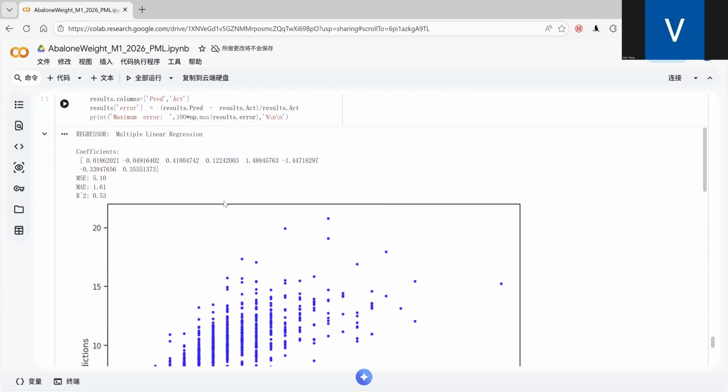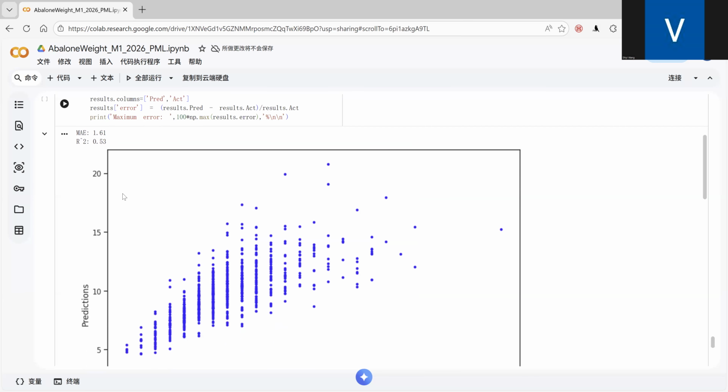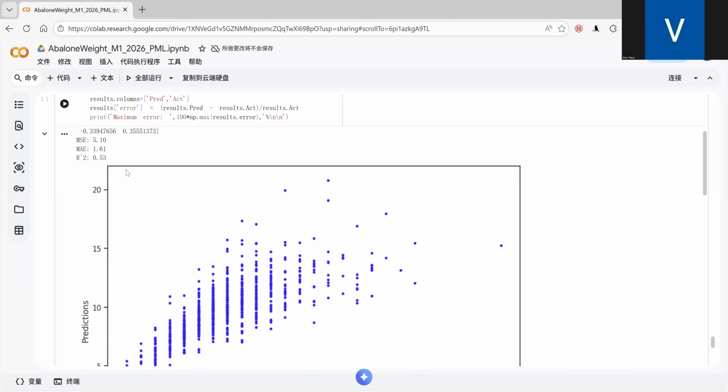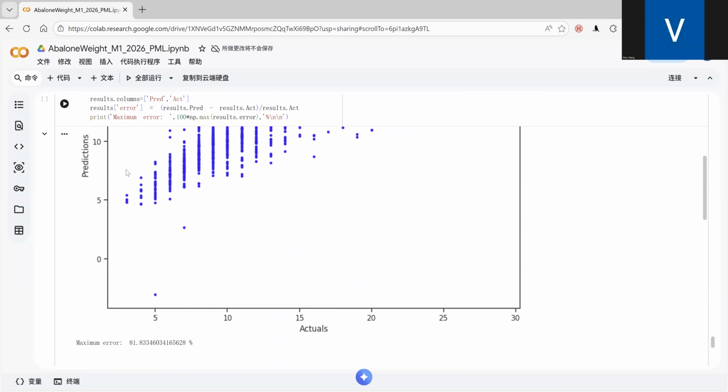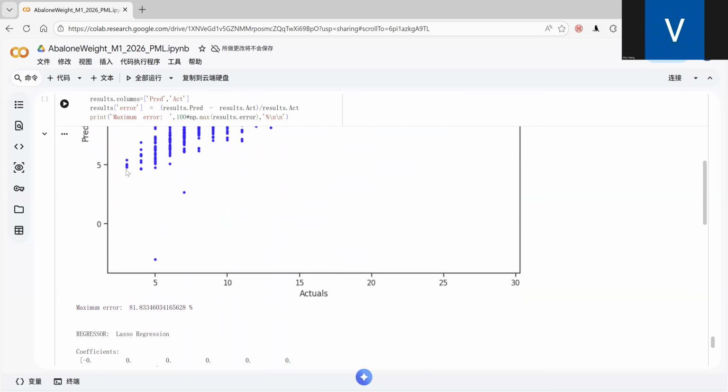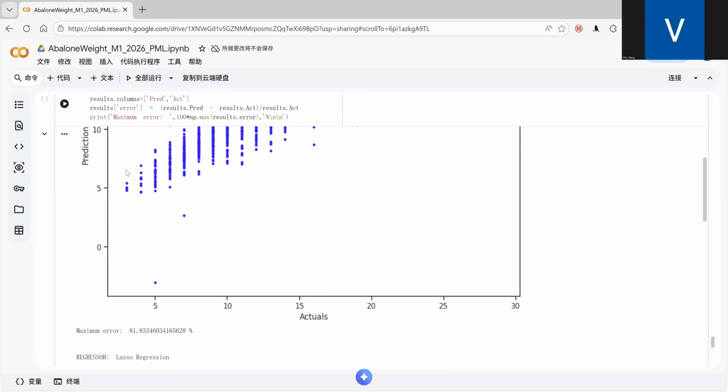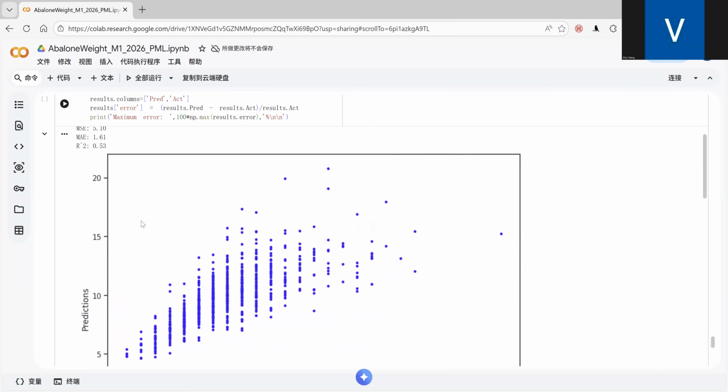This is the multiple linear regression. It has an R square of 0.53. Here is the detailed information, and this is the picture of the relationship between actuals and predictions.